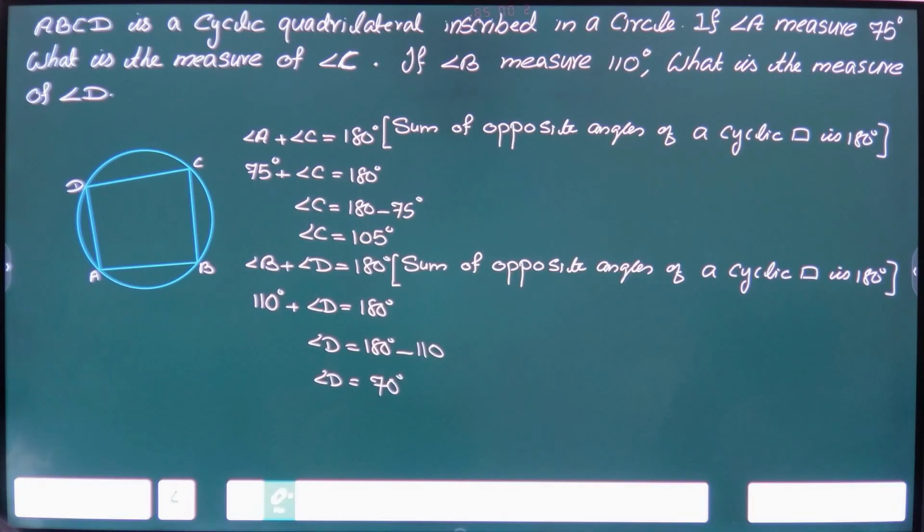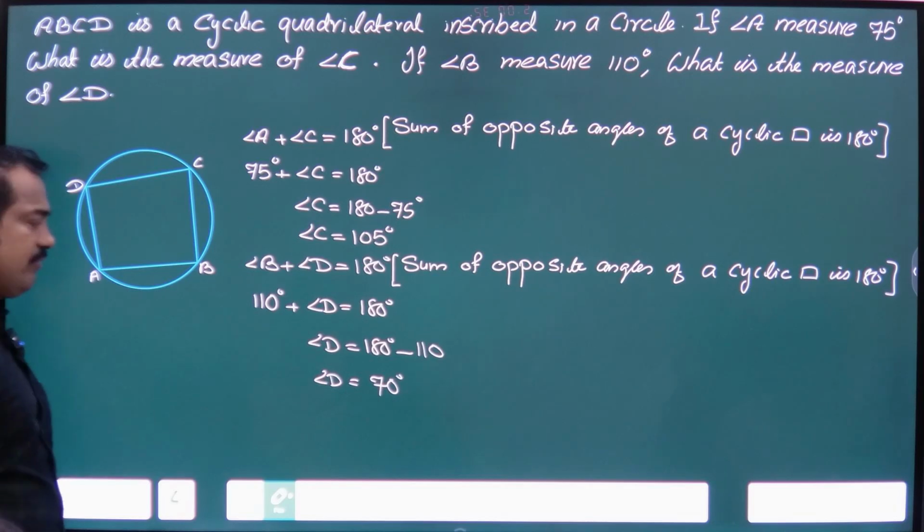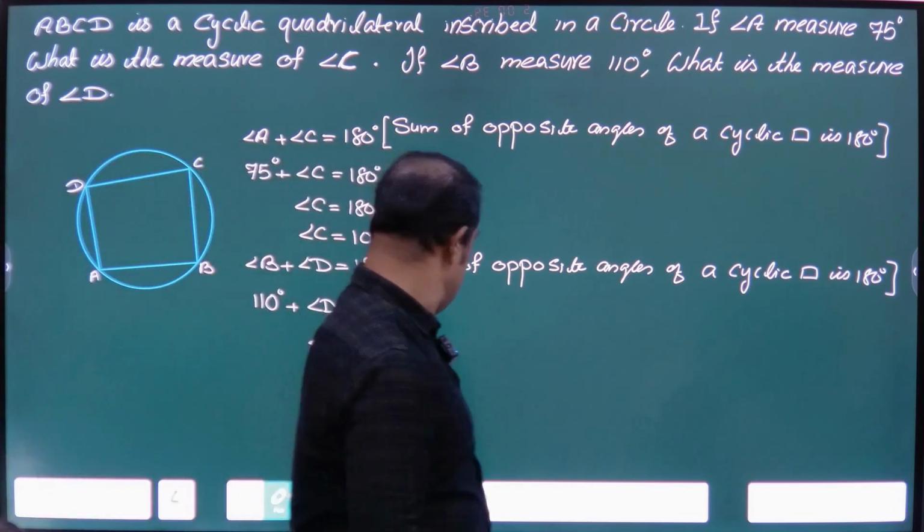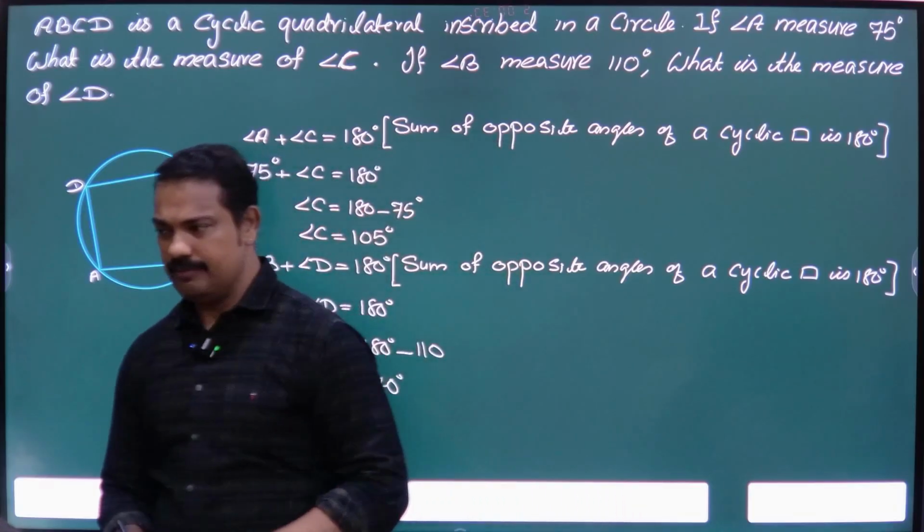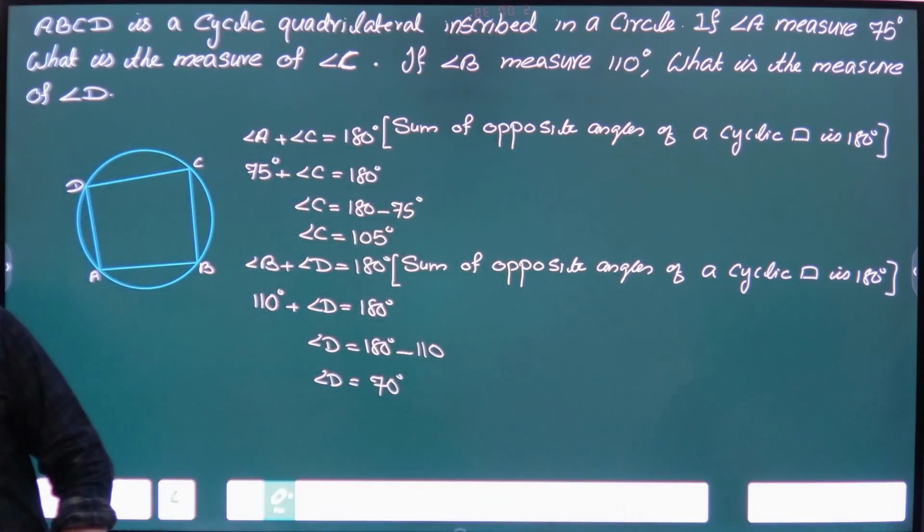You have to find the measure of angle C and angle D. Angle C equal to 105 and angle D is equal to 70 degree. Clear?